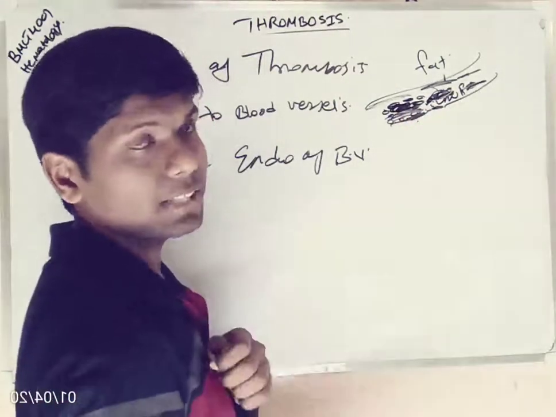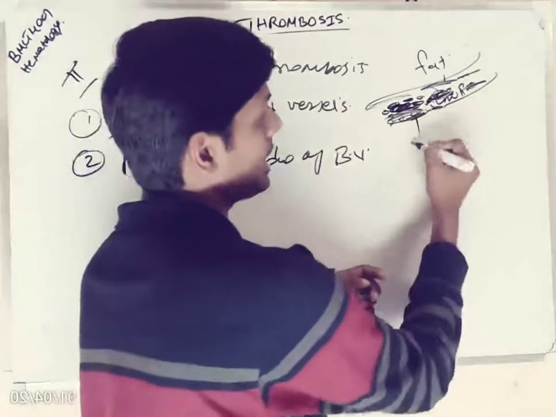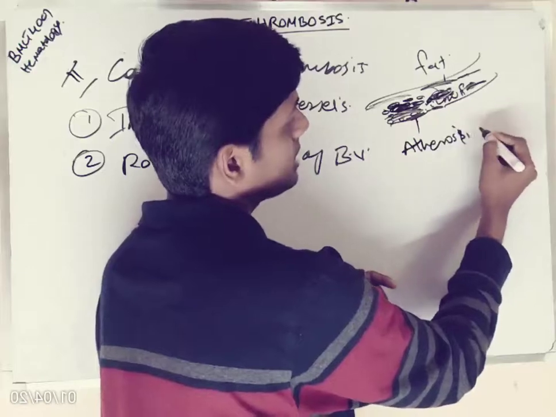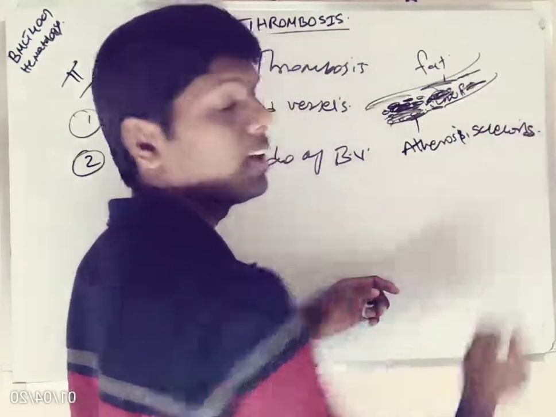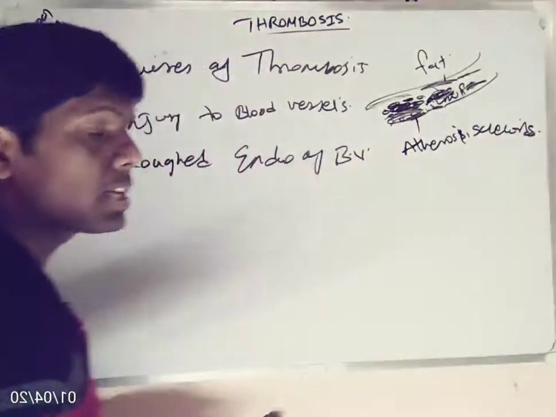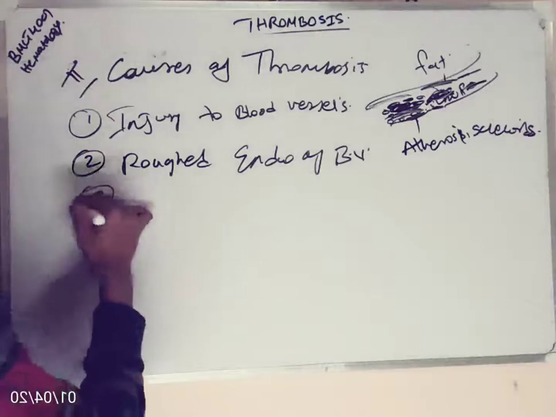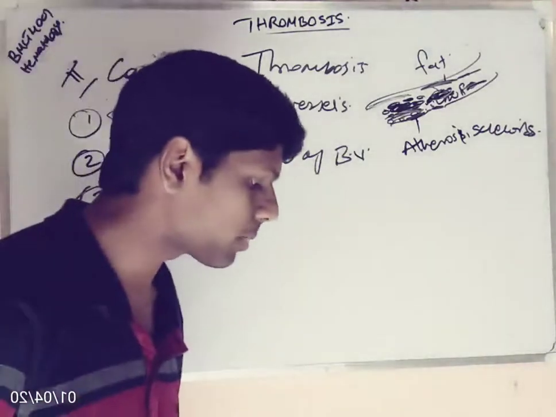This roughened or hardened blood vessel is called atherosclerosis. Hardening of blood vessels, and this atherosclerosis is one of the major deadly causes of organ failures. That is seen in diabetic patients. So roughened blood vessels can result in thrombus formation.